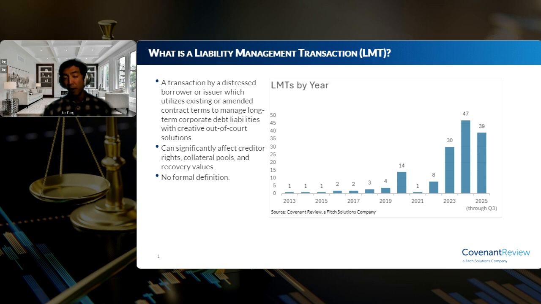That includes what we're talking about today, the J.Crew transaction. But the major trend is really, post-2020, a significant number of those kinds of transactions that are universally understood to be LMEs or LMTs, things like drop-downs, up-tiers, double dips, those really came into their own post-2020, post-COVID, and that trend has been increasing every year since 2021. We're on track to exceed last year's 47, which was itself a high watermark. We expect to see a number of LMTs between now and the end of the year, and certainly into next year as well.